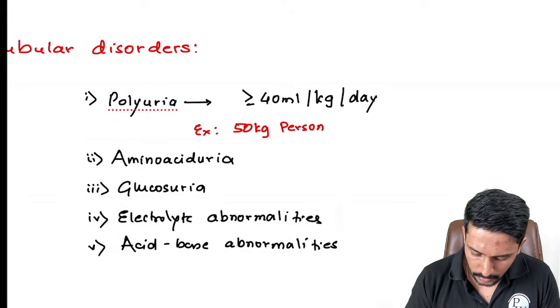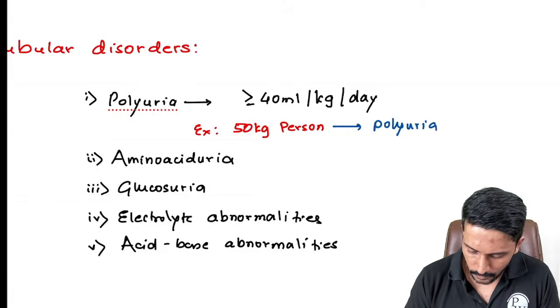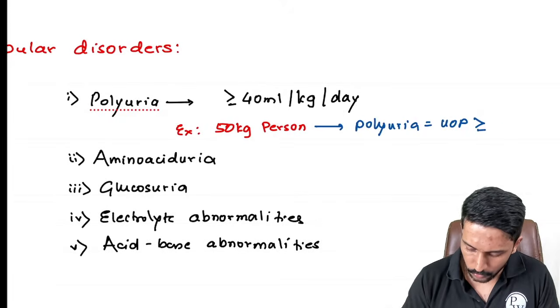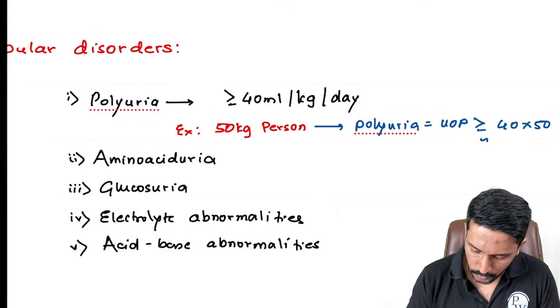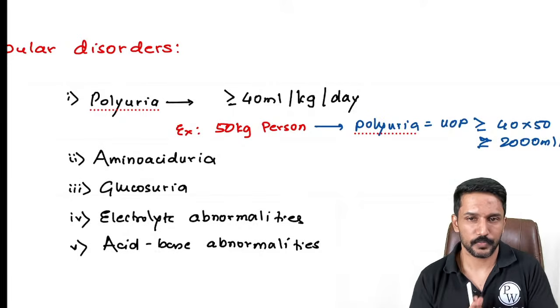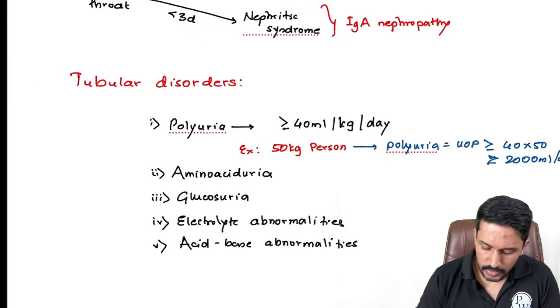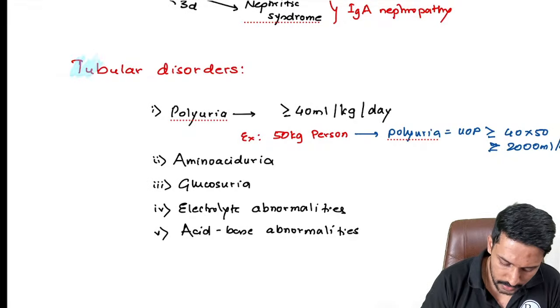So for him, polyuria refers to urine output more than or equal to 40 into 50, that is more than or equal to 2000 ml per day. Then we will call it polyuria. So tubular injury can manifest as polyuria. This is how the tubular disorders present.